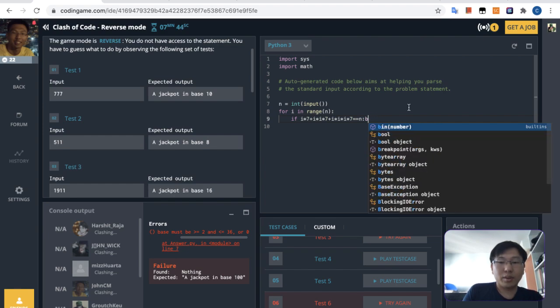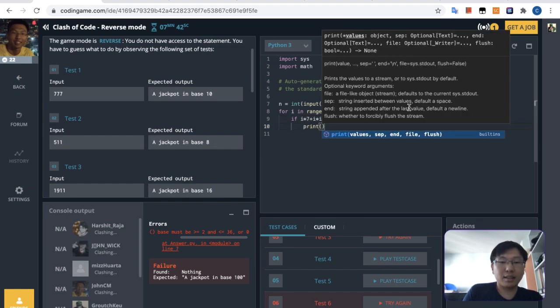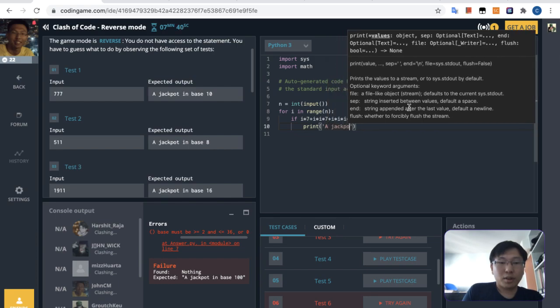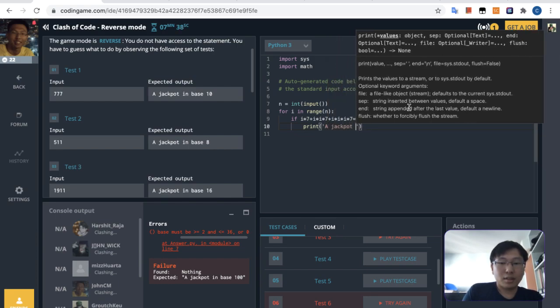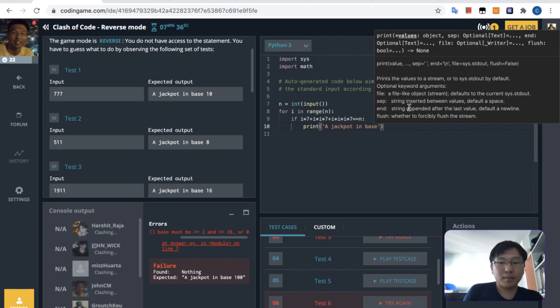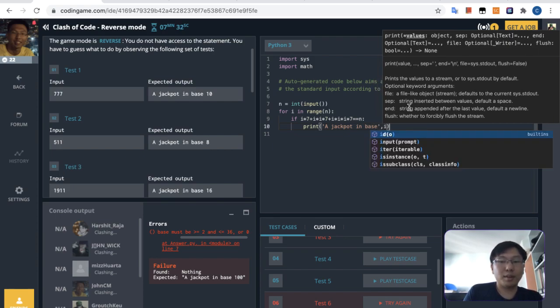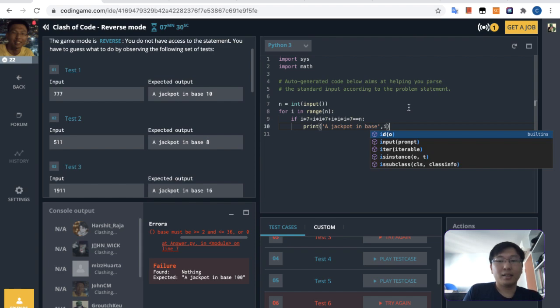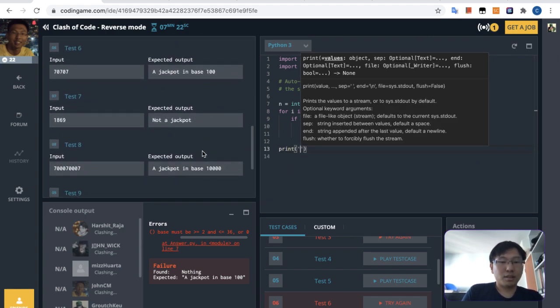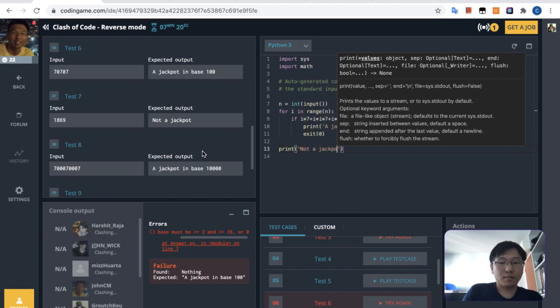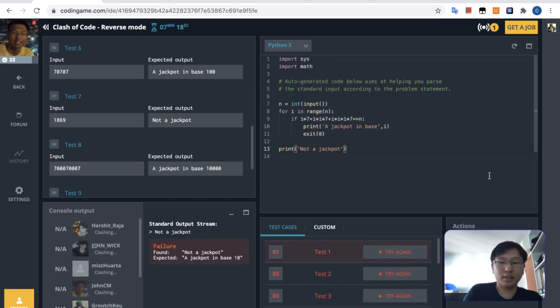Or we could just print jackpot in base i, and then we just exit. If there's nothing here, print no jackpot. Okay, let's try this.